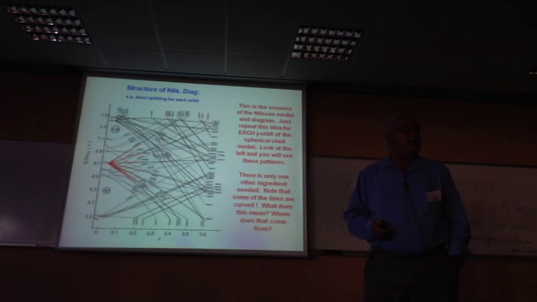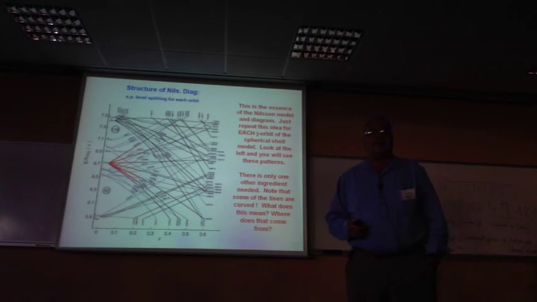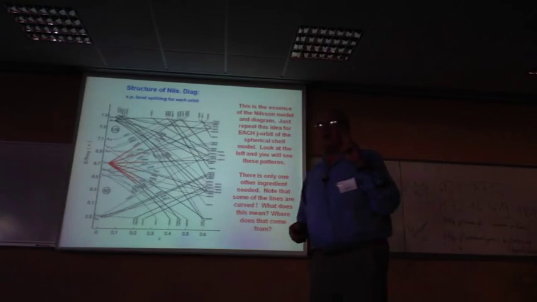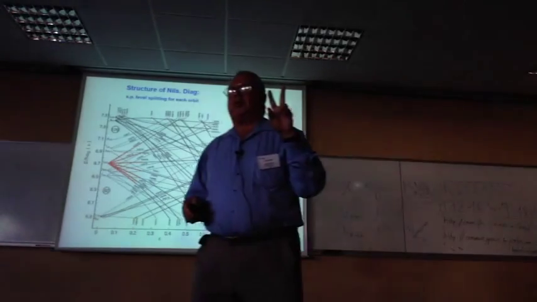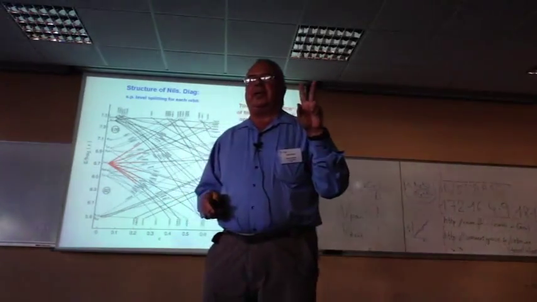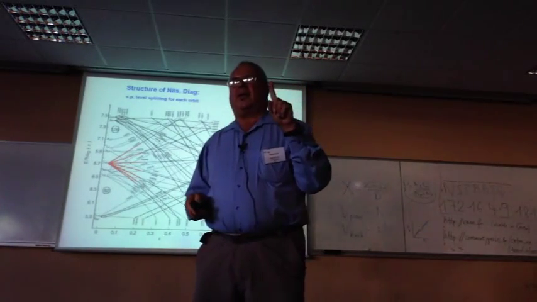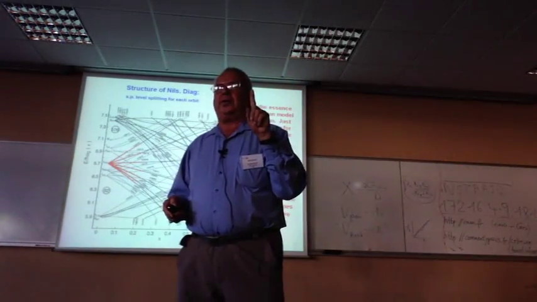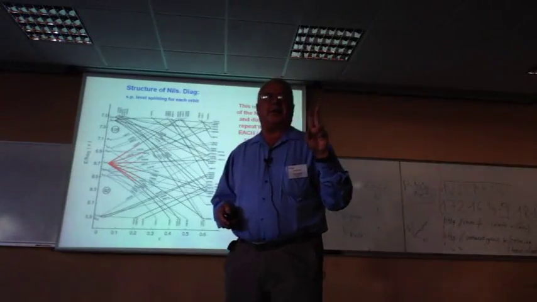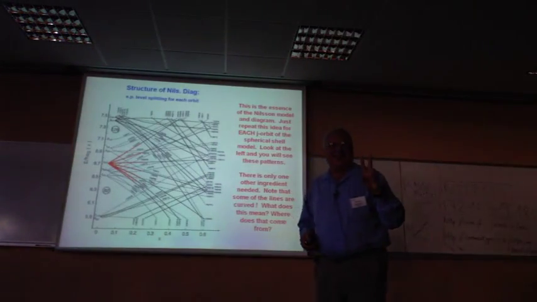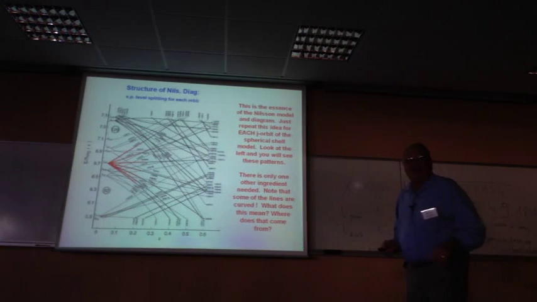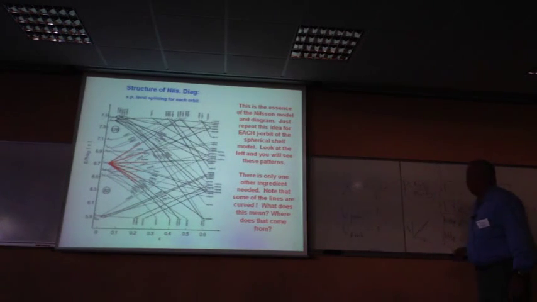No, very simple calculations. So I'll give you a hint. There were two ingredients we needed: that the nuclear force was short range and attractive, and two-state mixing. So we've discussed what happens because the nuclear force is short range and attractive. Can anyone guess where the curvature comes from? Okay, it's two-state mixing, and we'll see that in a moment. Okay? So we need to understand this curvature.